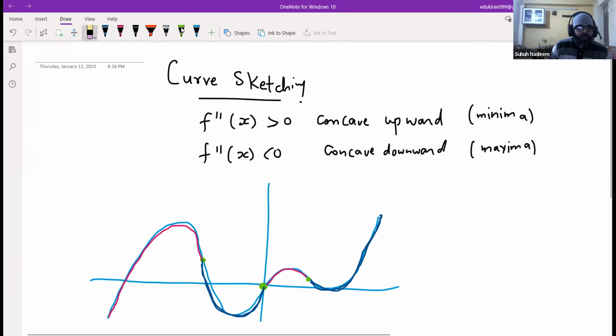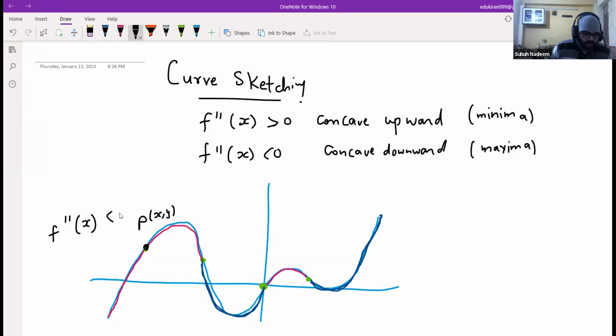Now every point which is in concave downward, suppose we take any point in concave downward here. Let us take this point P, with some x, some y. If you double differentiate the curve and put the value of x, you will find that the double derivative is actually coming out to be less than 0.